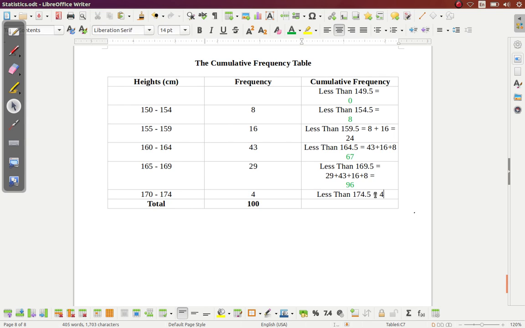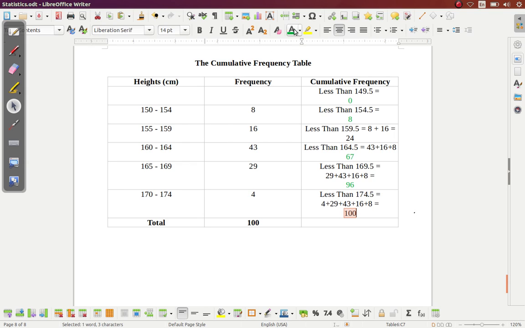We have 4 plus the 29 we had here, plus 43 plus 16 plus 8, this amounts to 100. So the cumulative frequency will add up to the total frequency of 100.